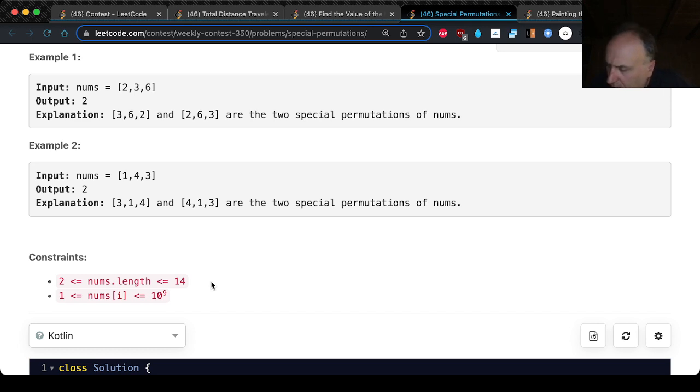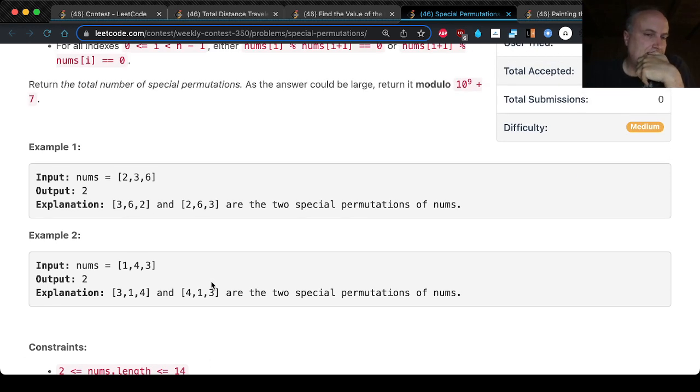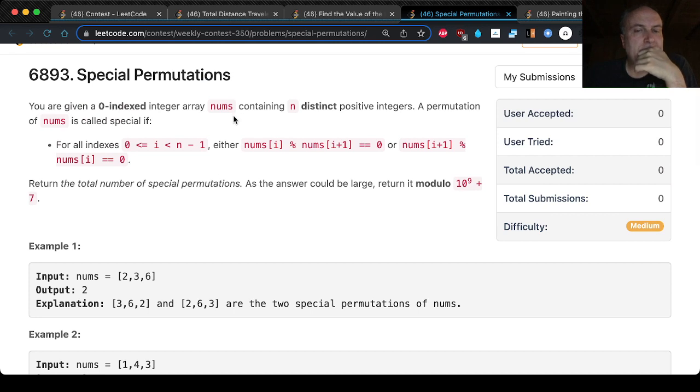Maybe it's a DP problem. So okay, I keep track of all indexes.